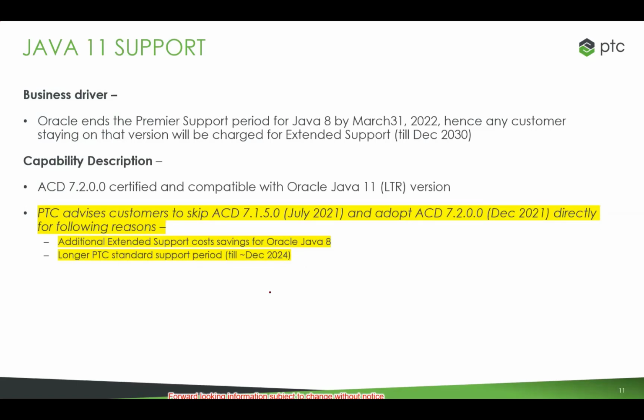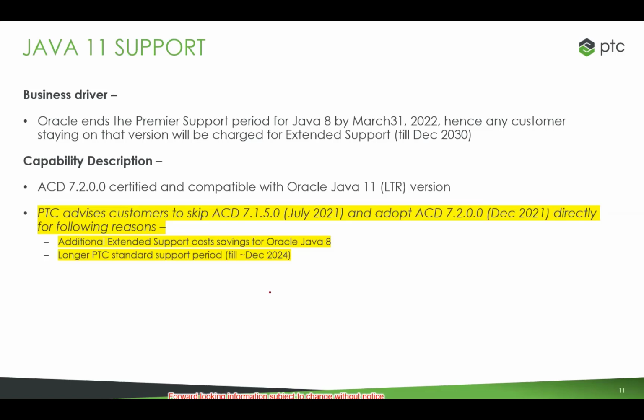And with that in mind, we also recommend all our customers to skip 7.1.5 and adopt 7.2 directly, if possible. So this will give you a longer support period till December 2024 for ACD, as well as avoid the additional support costs for Oracle Java 8. As you might know already, Oracle ends its premier support period for Java 8 by March 2022.